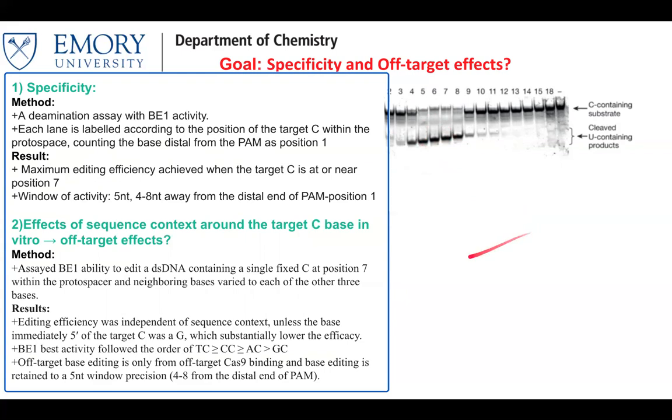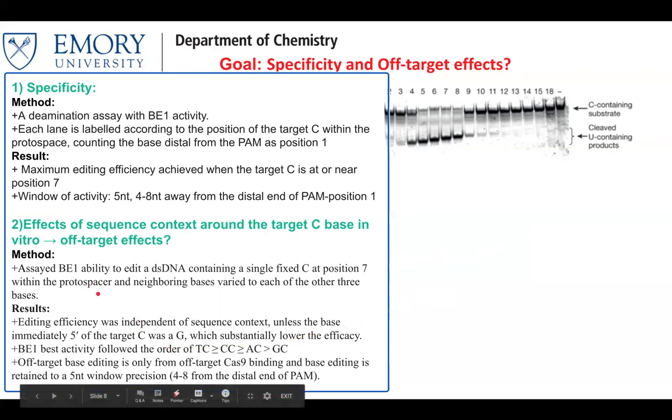Now that we know the maximum efficiency is at position 7, they carried out another experiment to study which neighboring bases around the target position 7 matter for the specificity and efficacy of base editing generation 1.